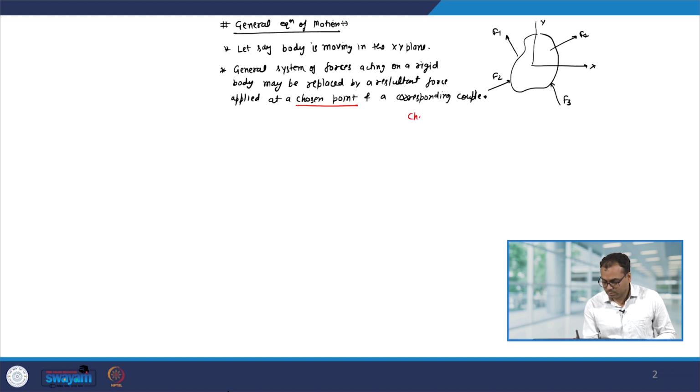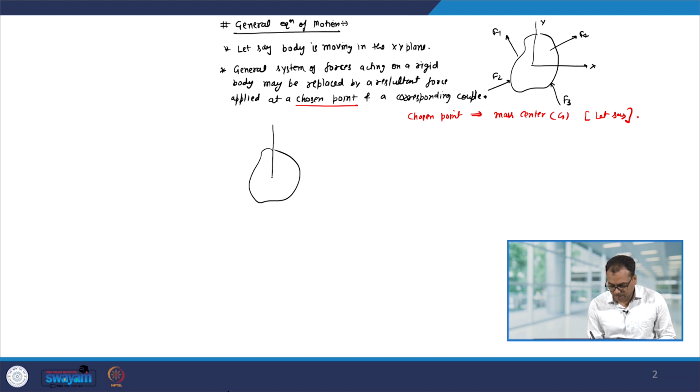Okay, let me call it G. Now, the effect of these forces can be replaced by a resultant force which is passing through G. So, we have summation F and a couple about G.